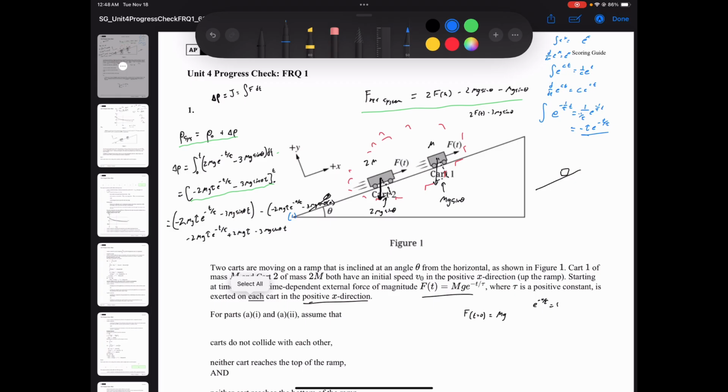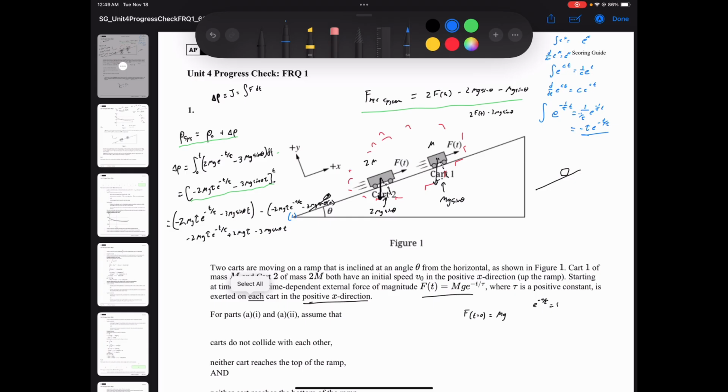So from the upper bound, I have t. So I have this expression over here, right? Negative 2mg times tau times e to the negative t over tau minus 3mg sine theta times t. And then I'm going to plug in t equals 0, right? So this part over here, the mg sine theta, well, times 0, that whole thing turns to 0. But e to the negative 0, as I mentioned earlier, that's equal to 1, all right?